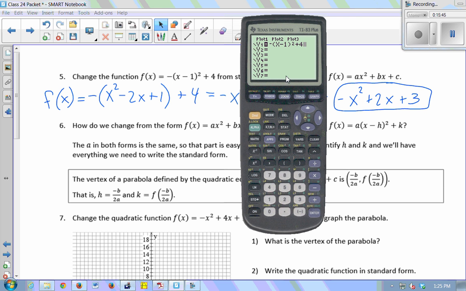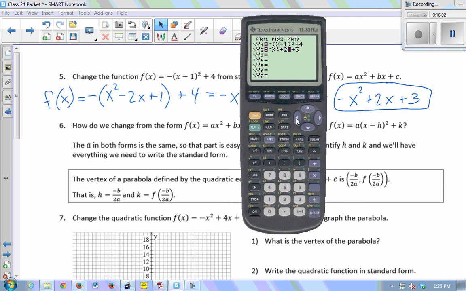Okay, so that's my original standard form of a quadratic. And then I just did a bunch of algebra and got something equivalent. So I'm going to put that in y2, negative x squared plus 2x plus 3.